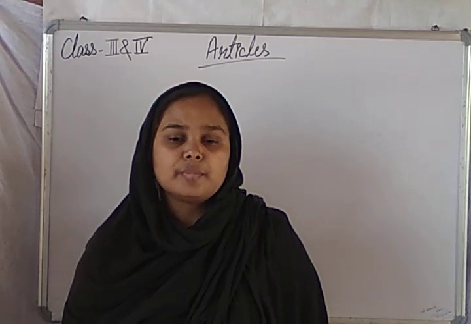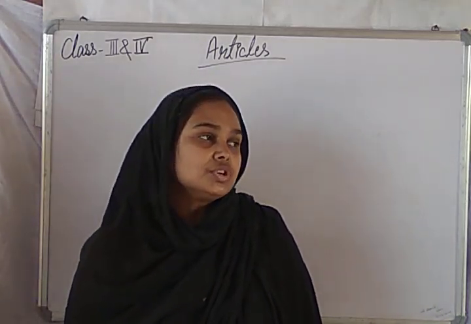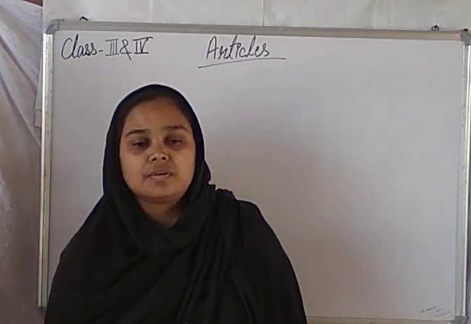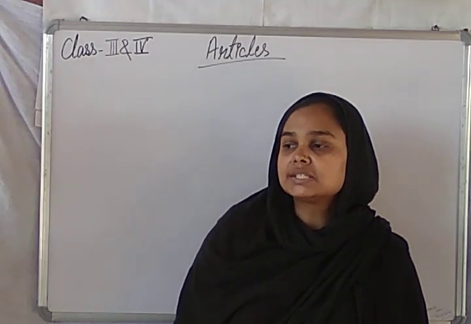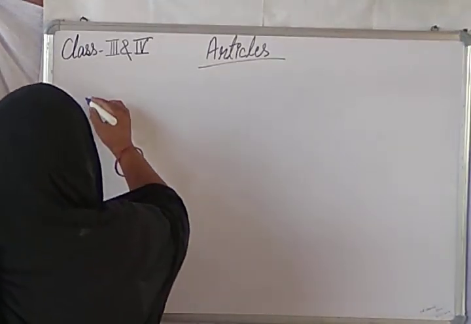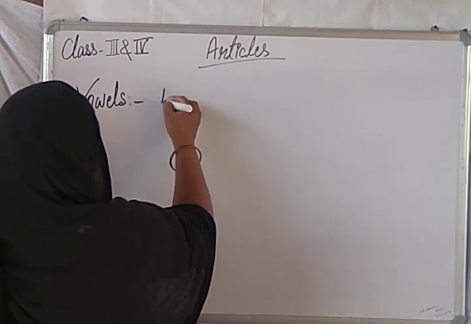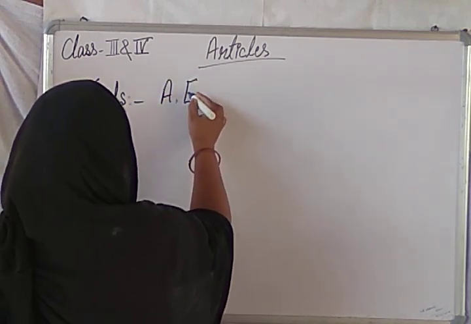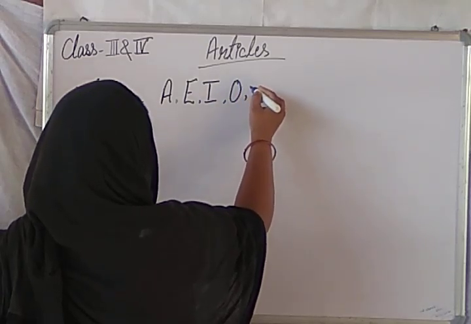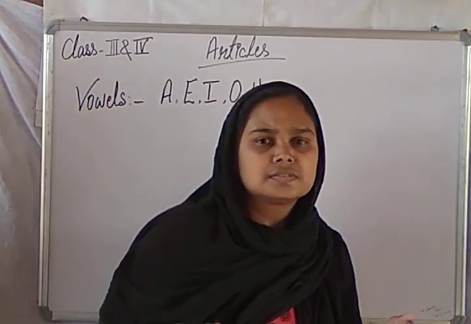First of all, we learn about the use of article A. Before knowing about the use of article A, we have to discuss vowels and consonants. There are 5 vowels: A, E, I, O, U are known as vowels.